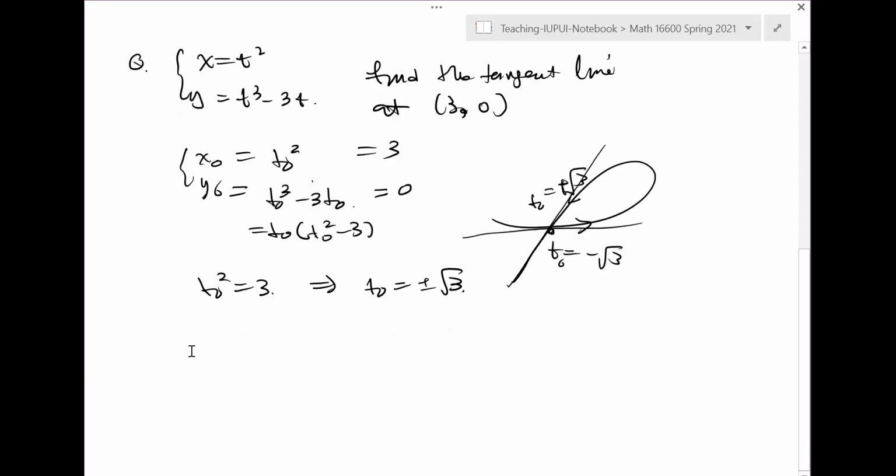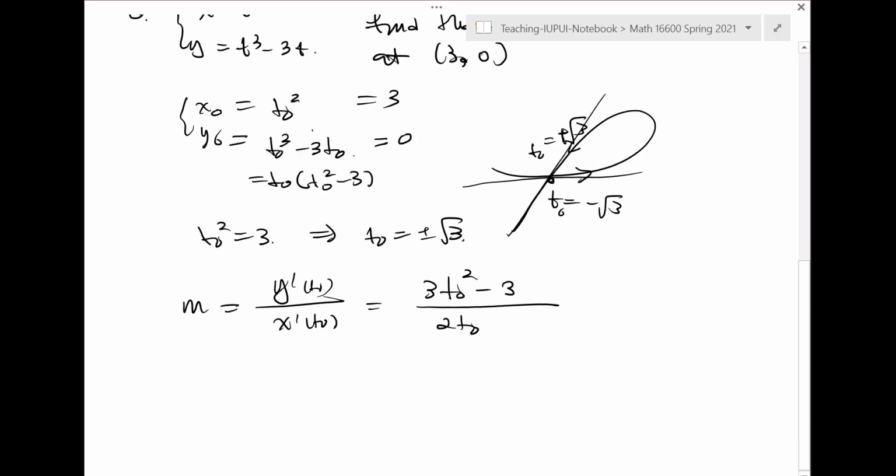So the slope is going to be, right, let's differentiate. It'll be 3 t naught squared minus 3, over 2, where you differentiate y and x. So the first slope is when t naught is negative square root 3.